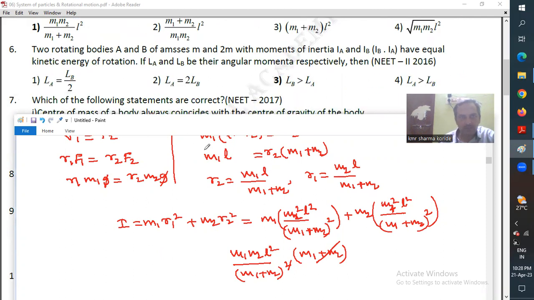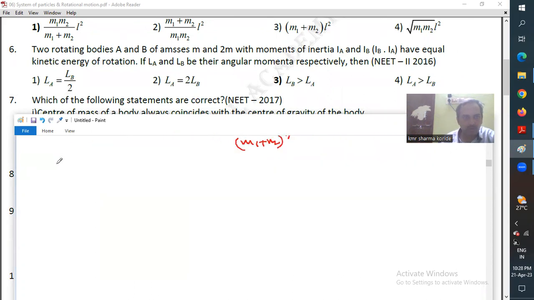Next, moving to question number 6. Two rotating bodies A and B of masses m and 2m with moments of inertia Ia and Ib have equal kinetic energy of rotation. If LA and LB are their angular momenta respectively, then get back the relation: rotational kinetic energy and angular momentum are related like this.